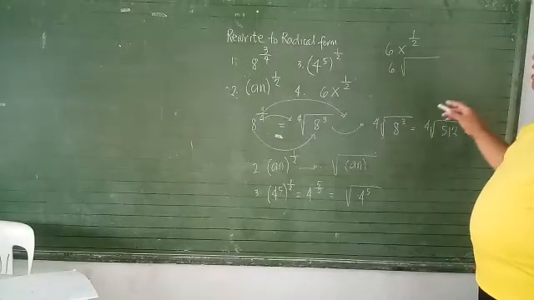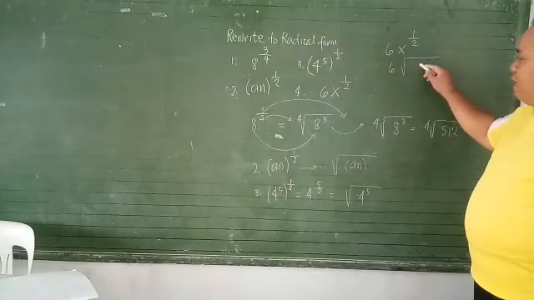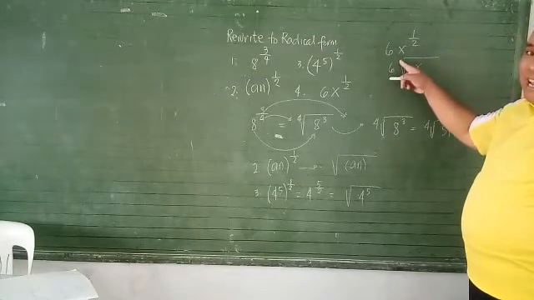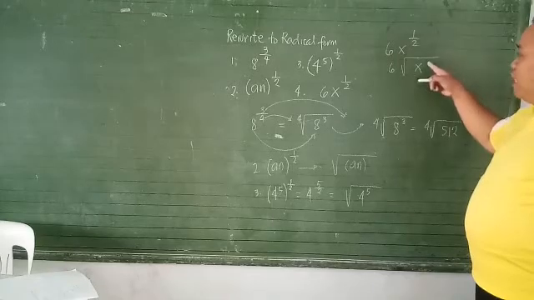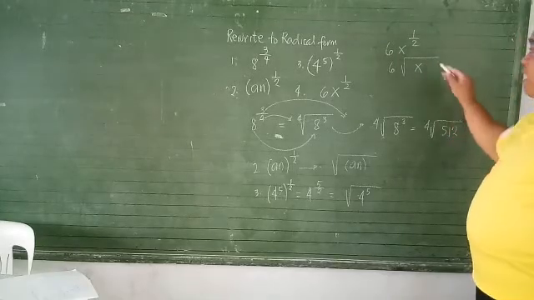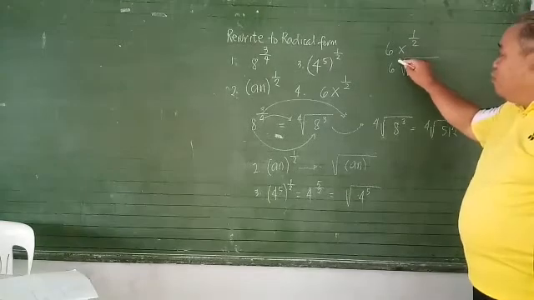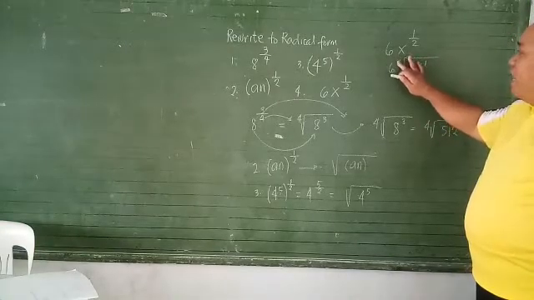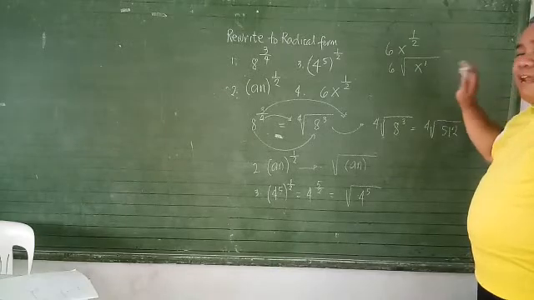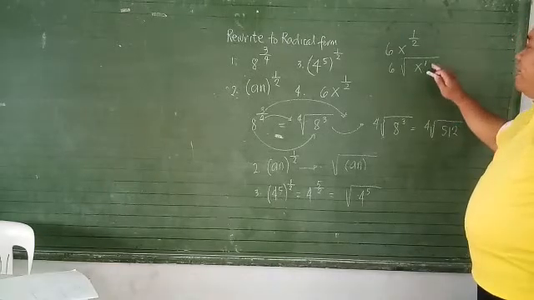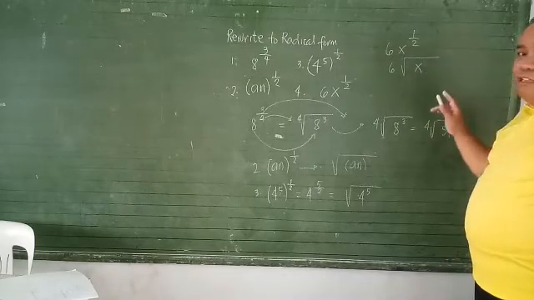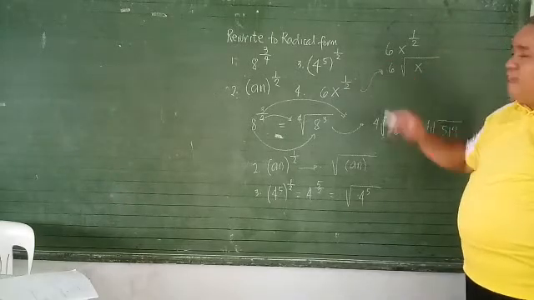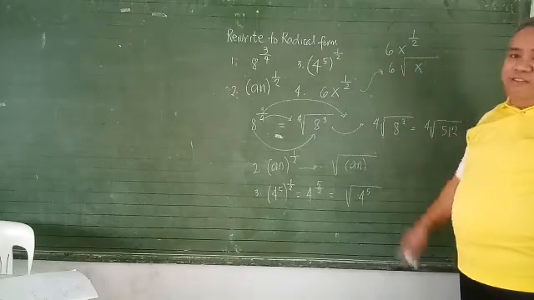This becomes the radicand. The 2 as index is not written since it is a square root, and the 1 as exponent is not needed because x alone has an exponent of 1. That will be your radical expression.